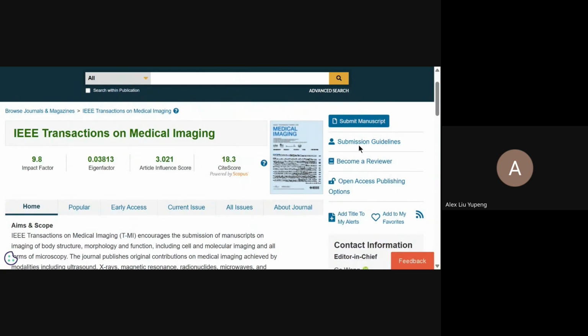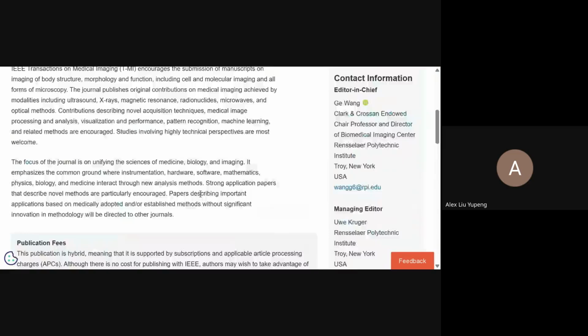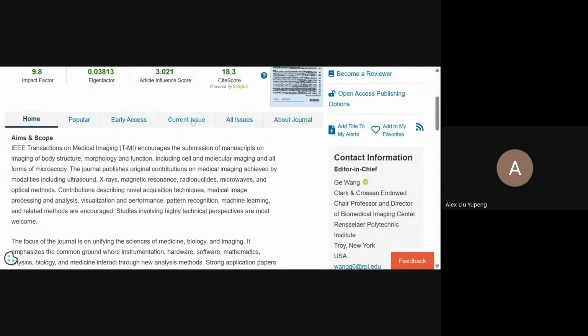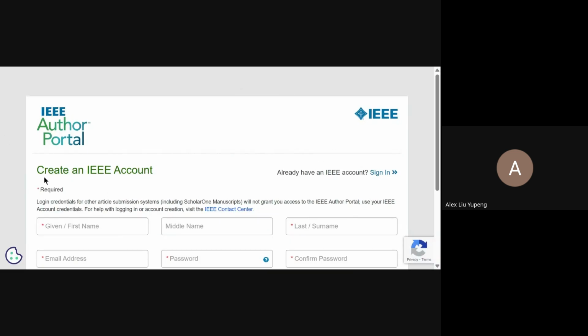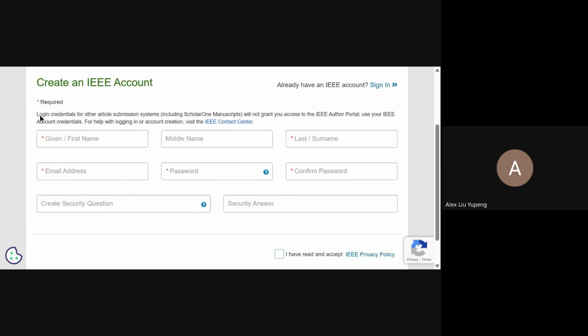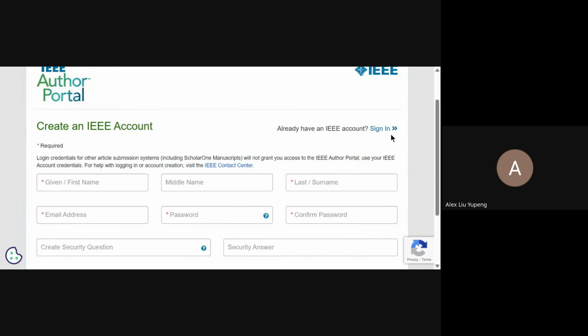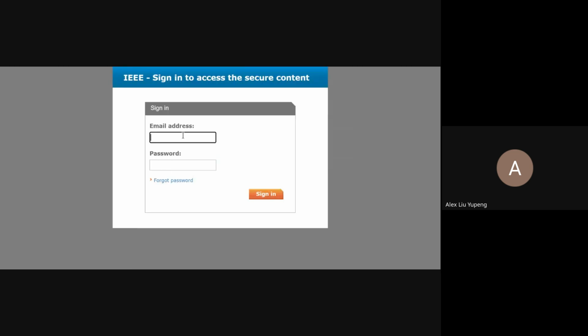You can read more about submission guidelines, publishing, OA publishing options, and the aim and scope of the journal, the current issues of the paper, about the journal and everything. Then once you click on this hyperlink, it gives you the website for the IEEE author portal. If you don't have an account, create an account. If you have an account, just sign in, and you will be logged into this journal.